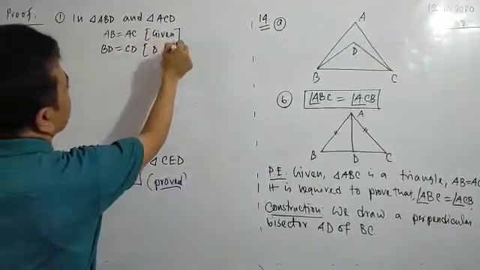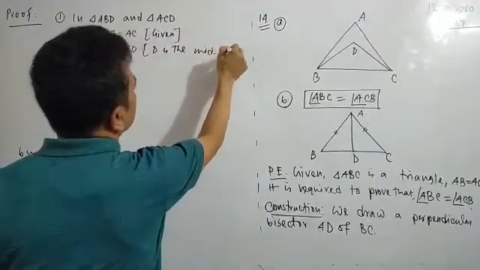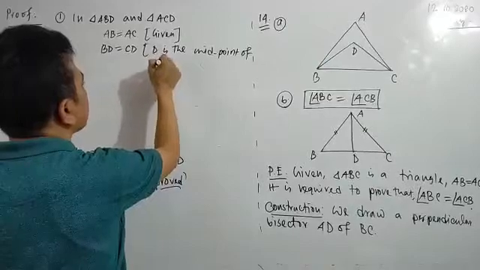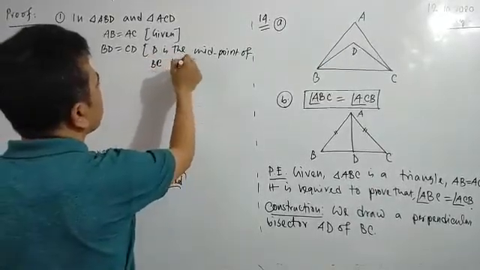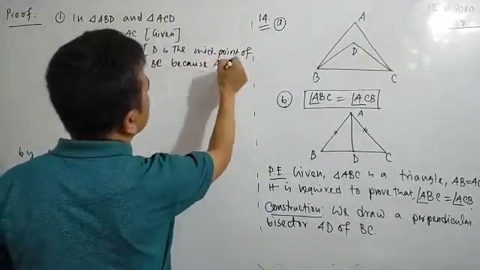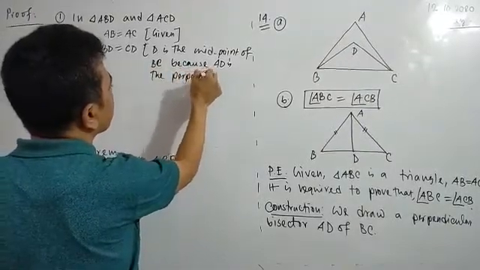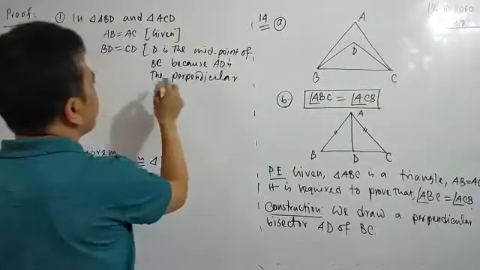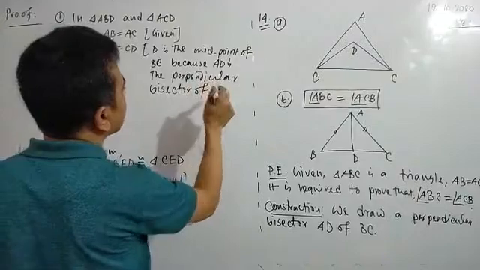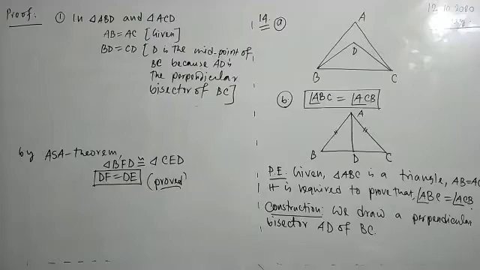D is the midpoint of BC, because AD is the perpendicular bisector of BC.